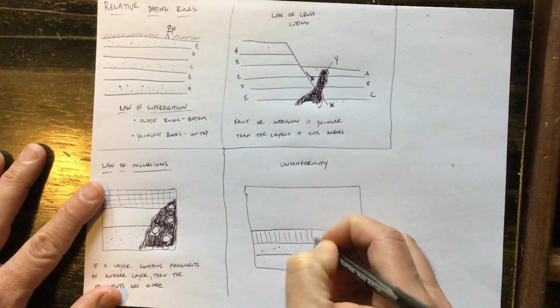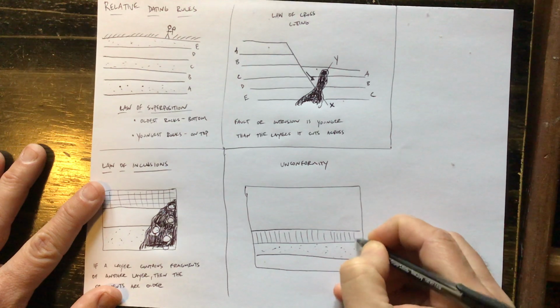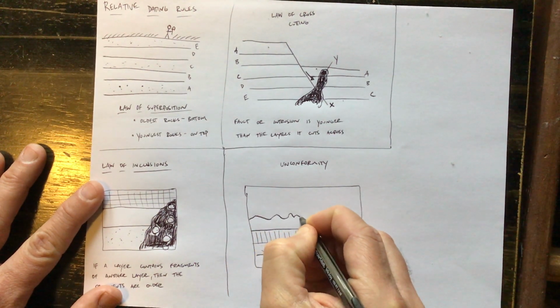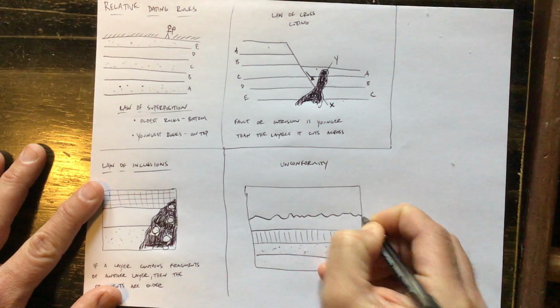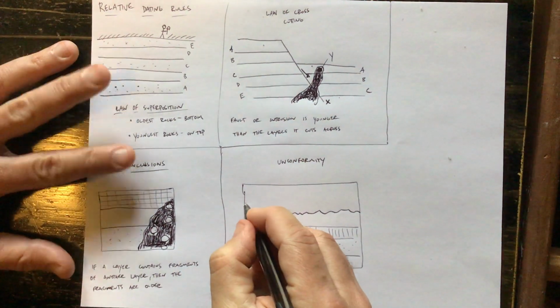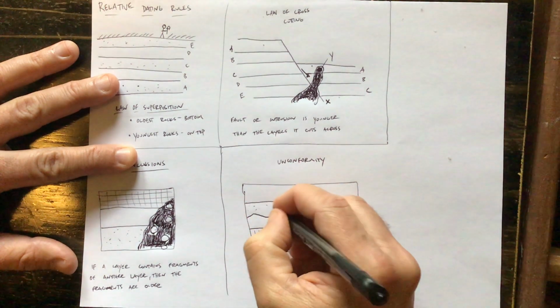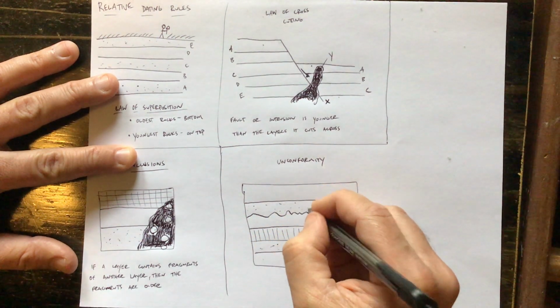And we'll do some different patterns on the layers. But then there'll be one border that's all jagged. And then sometimes there'll be more perfect layers on top of the jagged layer.